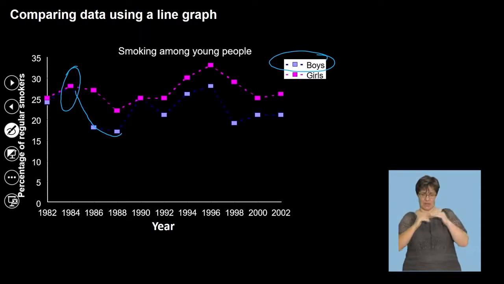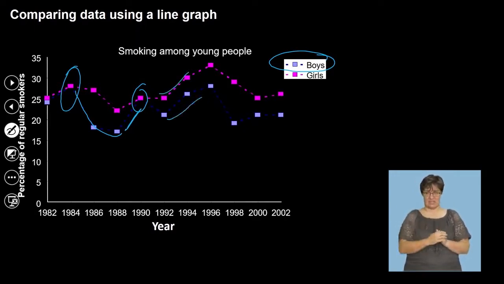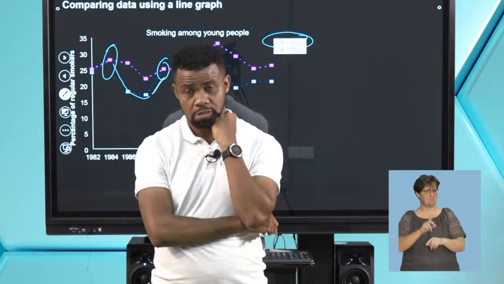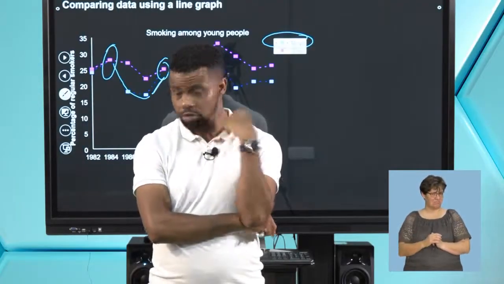What might be the reason? Interesting. Both decreased. Then where they meet, it implies they were equal. Then we can see the boys increased, girls increased. So actually both increase and decrease at the same time. Interesting.